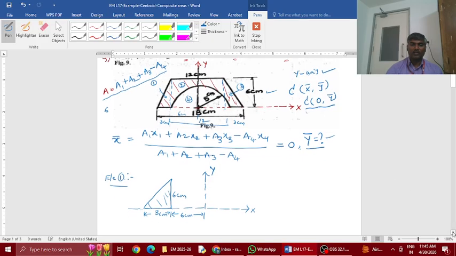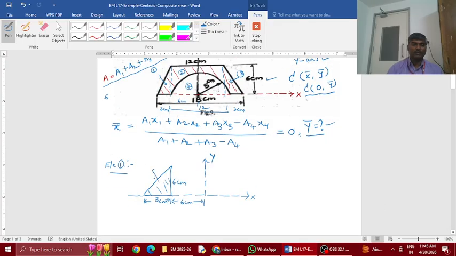So for writing properties of element 1, I need the a1 value and the y1 value, because the y bar formula consists of a1 y1 plus a2 y2 plus a3 y3 minus a4 y4, divided by a1 plus a2 plus a3 minus a4. a1 I'm writing as half base into height.